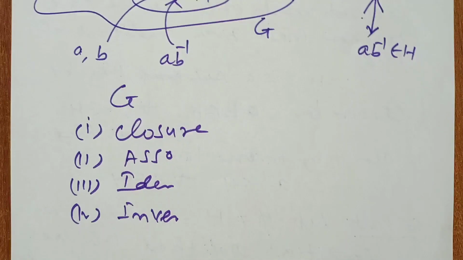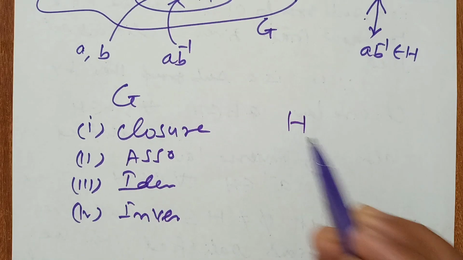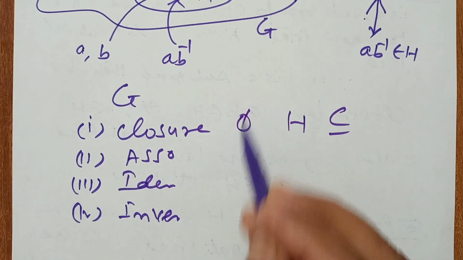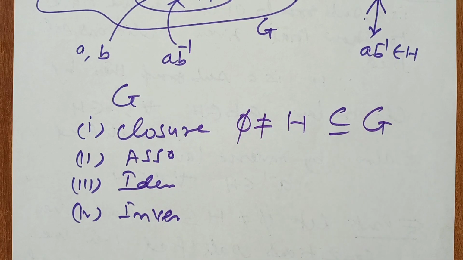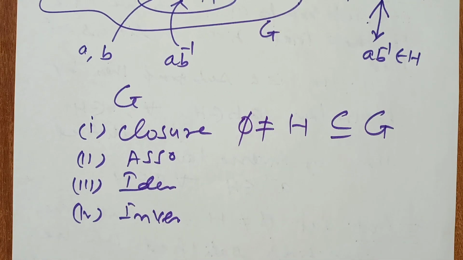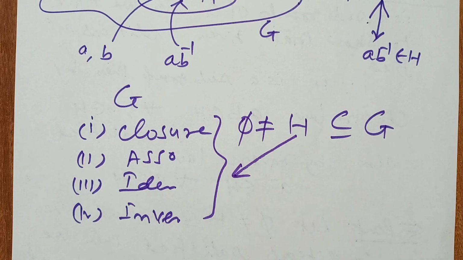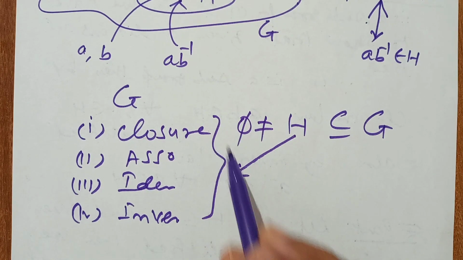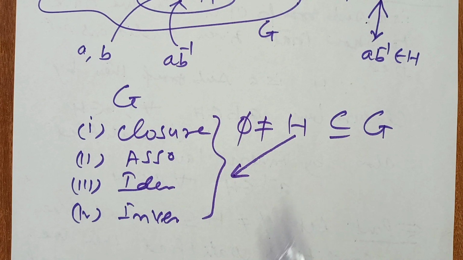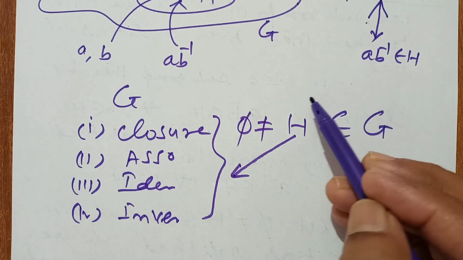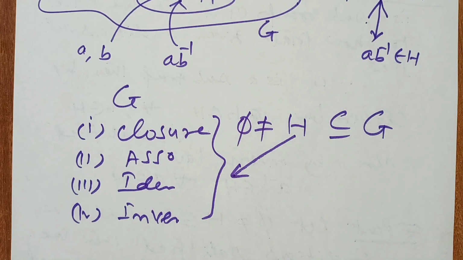If H is a subset of G, then by the definition H also has four properties. Now we have recently proved that if H has only two properties, then H is a subgroup. In the present theorem, I want to show that if H has only one condition, this, then H is a subgroup.